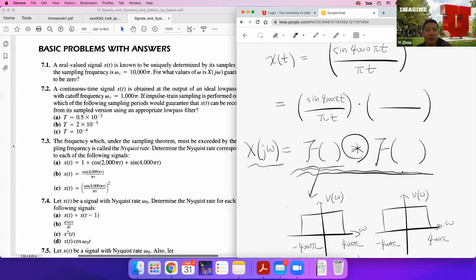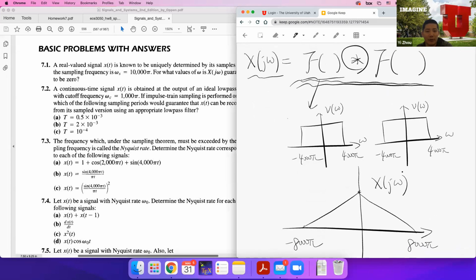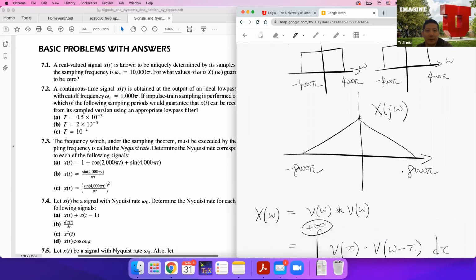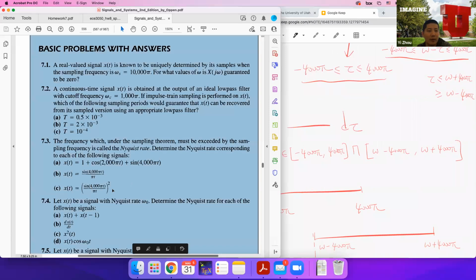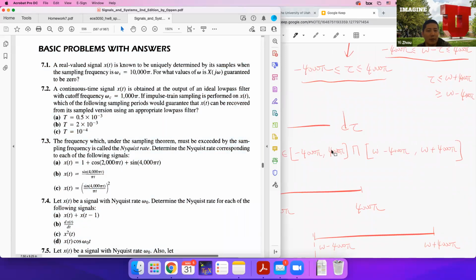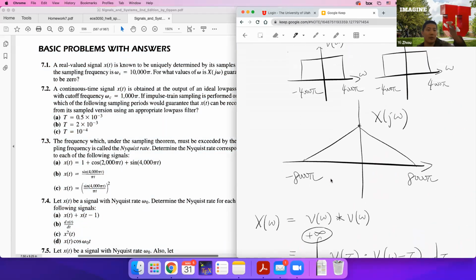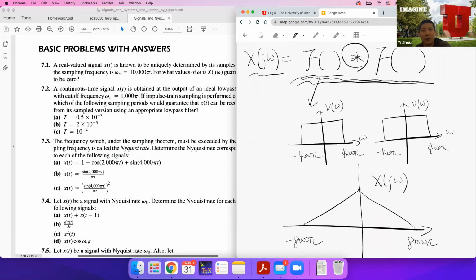So that part follows the same property due to convolution. And in this example, because the spectrum is a rectangle, it makes it easier for us to calculate or visualize this convolution.